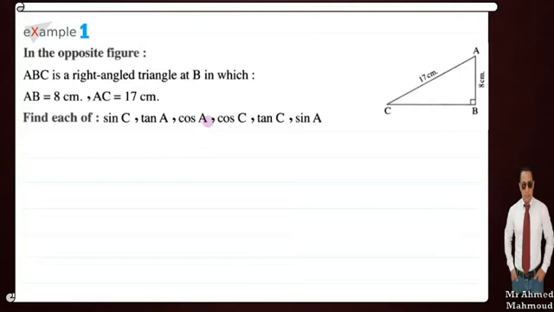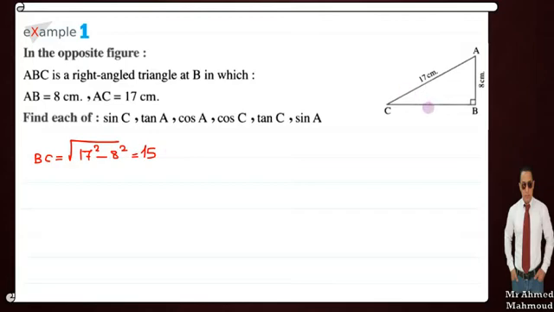Now I will start with C, but before that I need to find BC. First I will start with finding BC. BC here is the side of the triangle, then it will be the square root of 17 squared minus 8 squared, which equals 15.